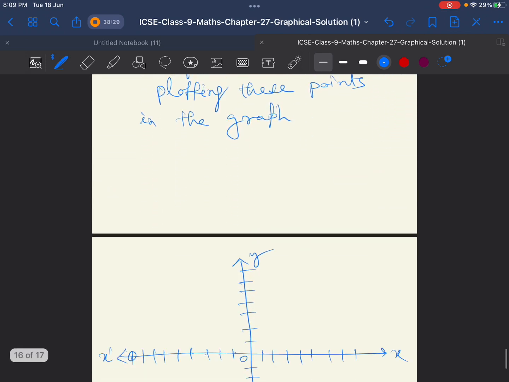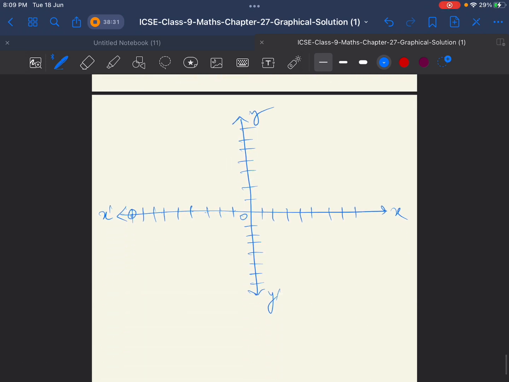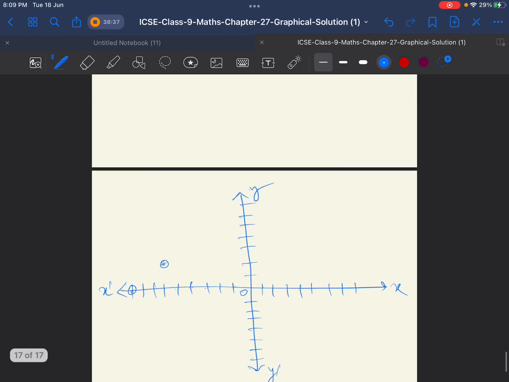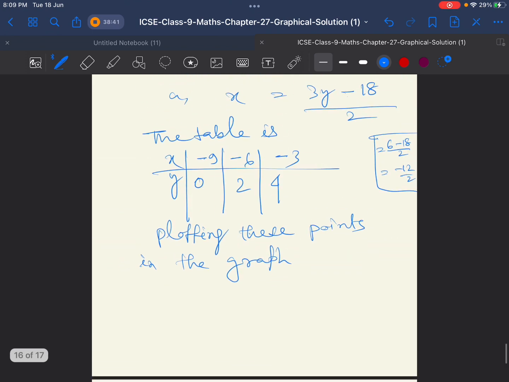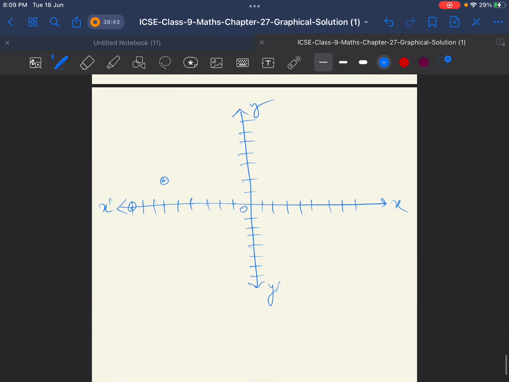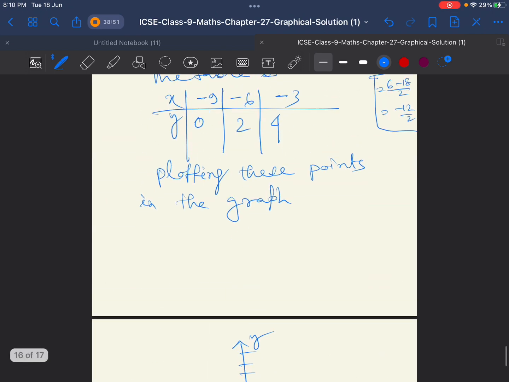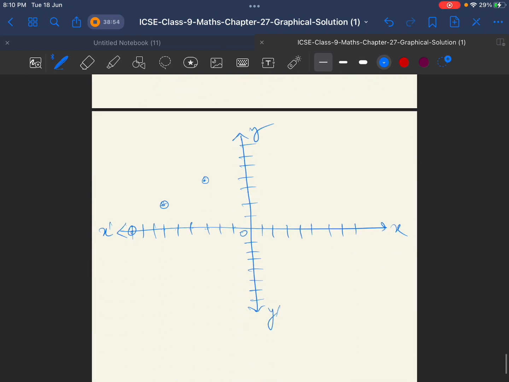So first point minus 9 0, 1 2 3 4 5 6 7 8 9. This point is here. Minus 6 2, 1 2 3 4 5 6, 2, 1 2. This point is here. Third point is minus 3 4, minus 3, 1 2 3 4, 1 2 3 4. Third point will be here.